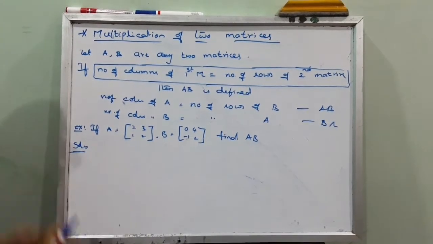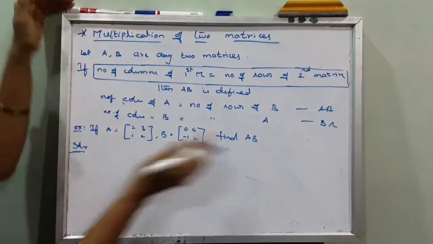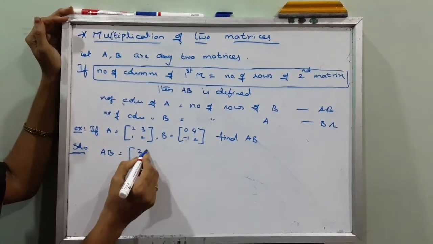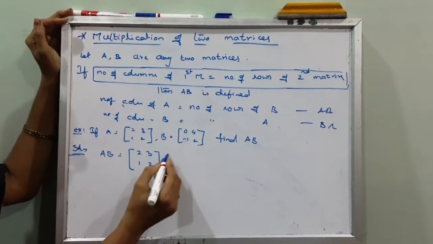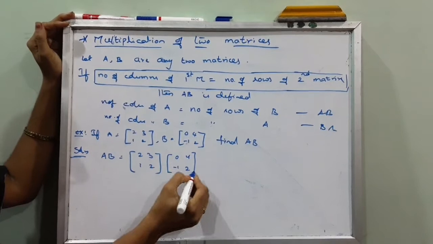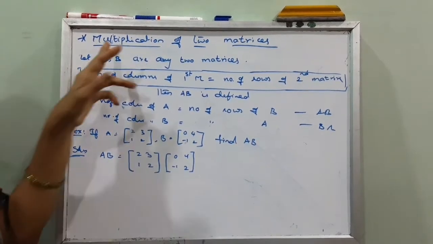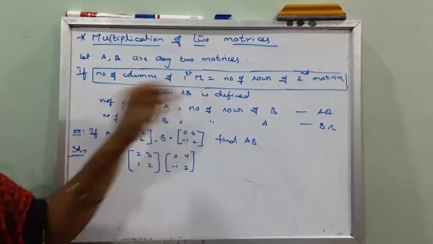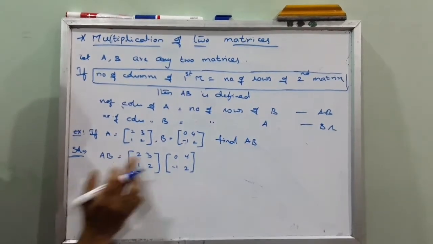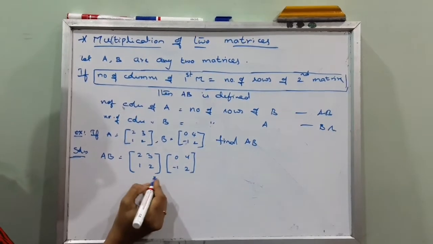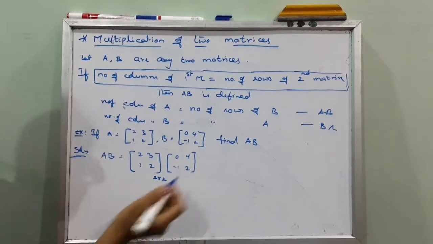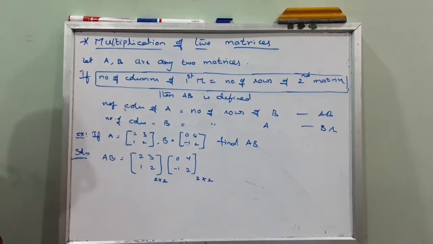Solution: you have to find AB here. A matrix is 2, 3, 1, 2. B matrix is 0, 4, minus 1, 2. So what is the condition for multiplication? The number of columns in the first matrix is equal to the number of rows in the second matrix. Here the order of the first matrix is 2 by 2, and the order of the second matrix is also 2 by 2.